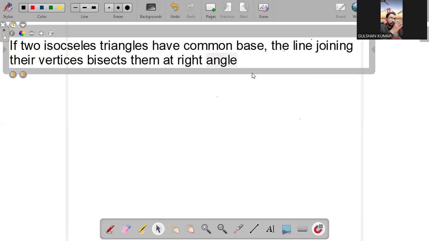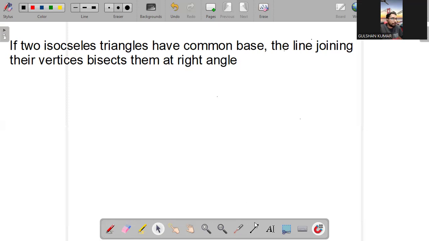The line between the starting point and the other triangle bisects both triangles at right angle. So first of all, we have to consider the diagram. First, we have to mention that this is an isosceles triangle.